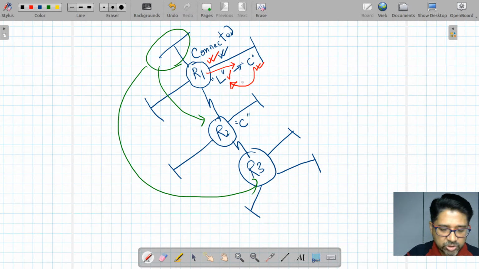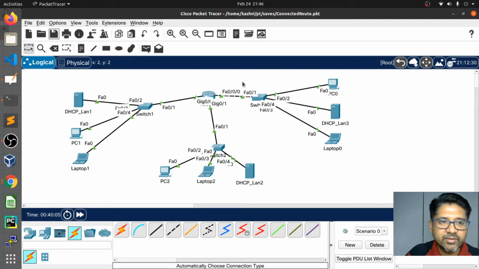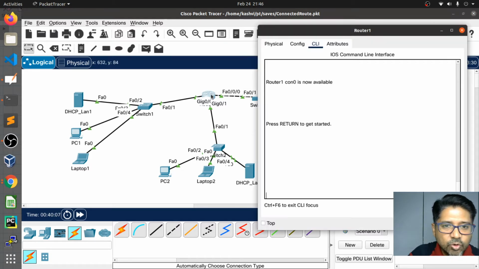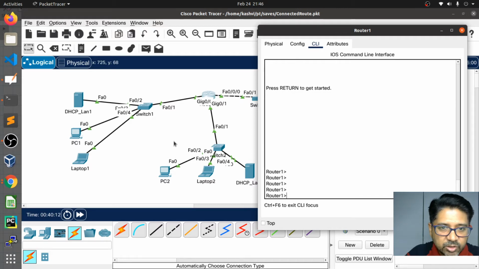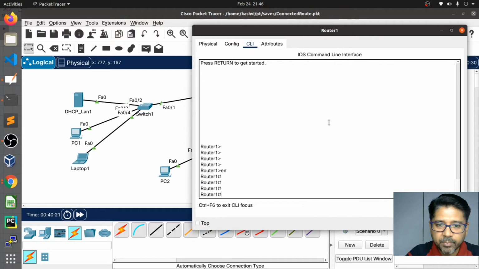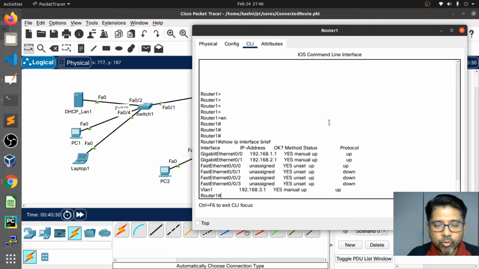So let's understand by doing this lab. We have this router 1 and you can see the 3 LANs are connected directly to its interfaces. We're going to start, and the first command we're going to see is show ip interface brief. This command helps you understand how many interfaces are connected or up.